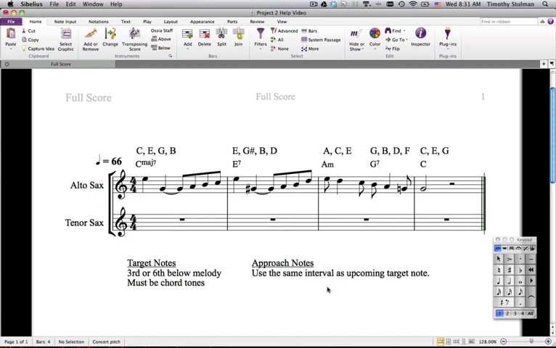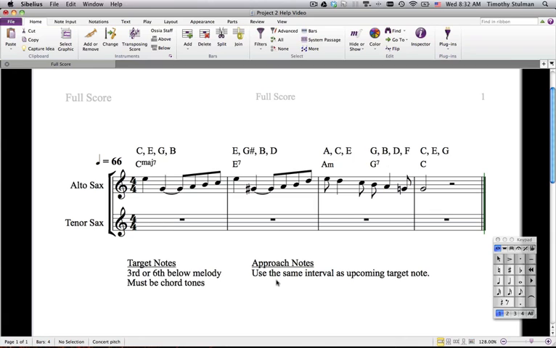So as I mentioned, the harmonization of target notes is handled differently than the harmonization of approach notes. I wrote a kind of core version of the rules here below. When you're harmonizing target notes, you must harmonize at a third or sixth below the melody, and the harmony notes must be chord tones.